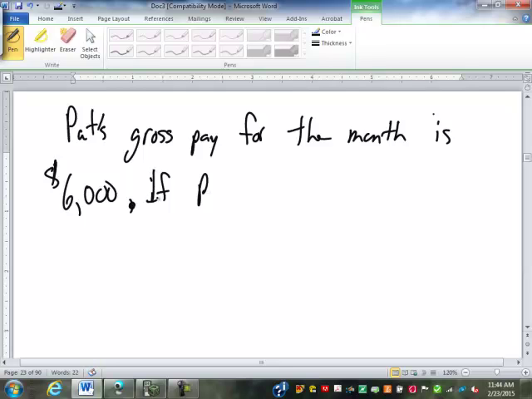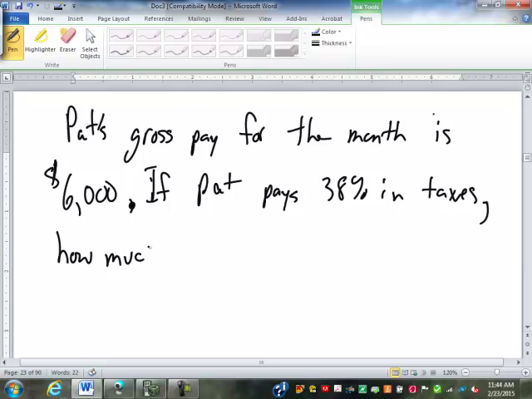If Pat pays 38% in taxes, how much does Pat get to keep? How much does Pat take home?